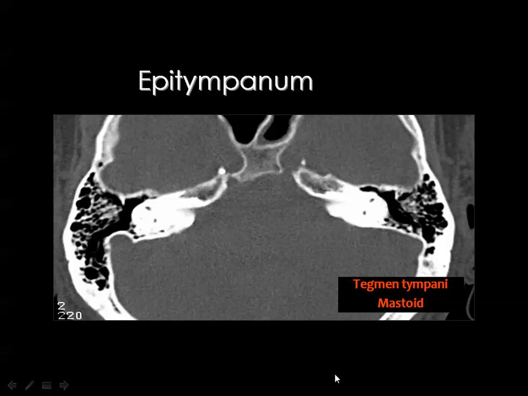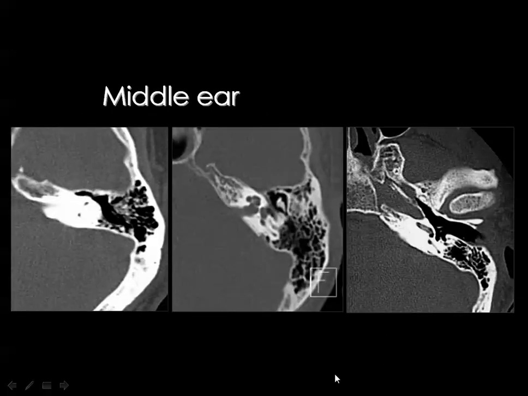Then if you want to know the middle ear anatomy, you start with the ice cream cone in the middle ear cavity: head of the malleus, incus and the short process, air in the middle ear cavity, aditus ad antrum connecting the middle ear cavity to the largest mastoid air cell. Then if you go below the ice cream cone, you see two dots representing the handle of the malleus and the long process of the incus.